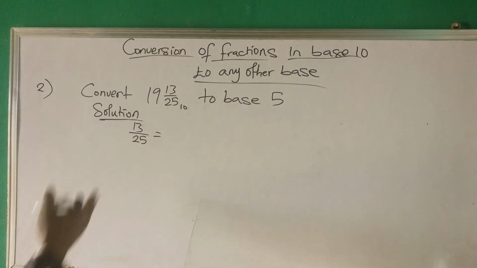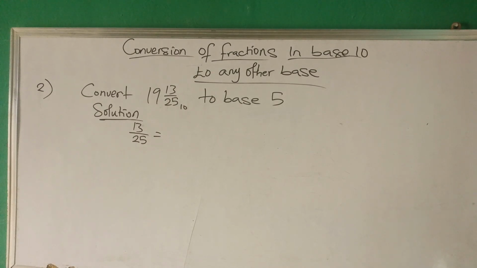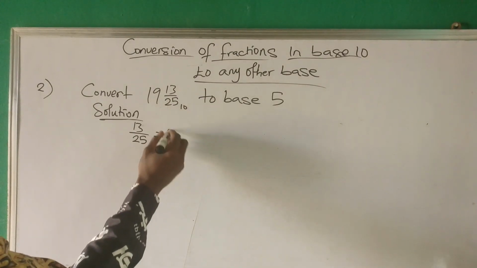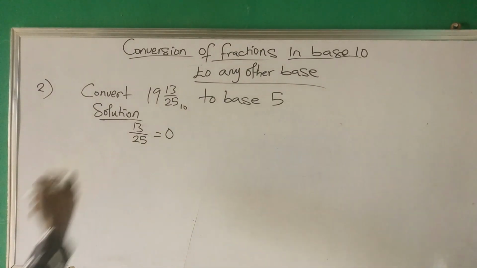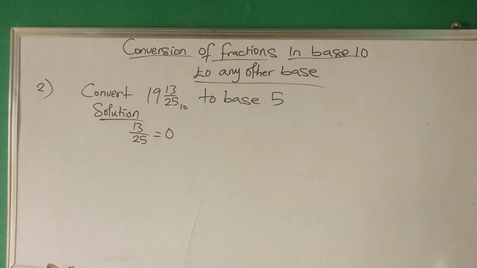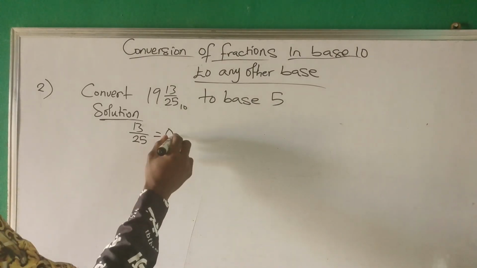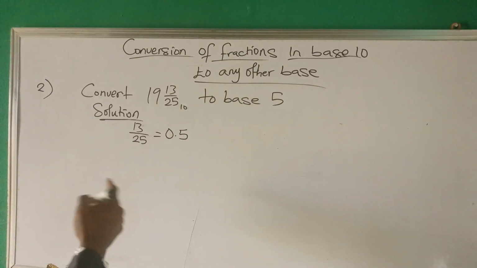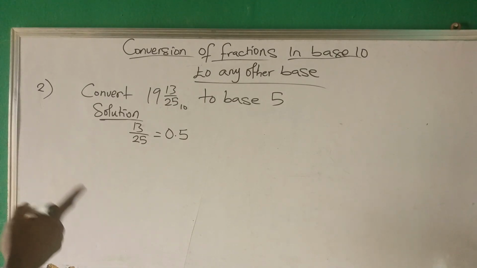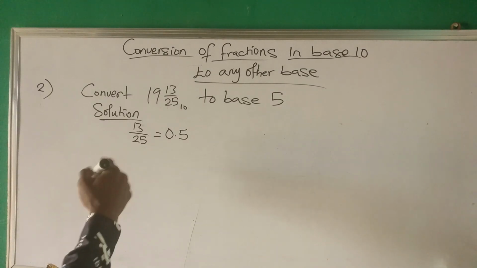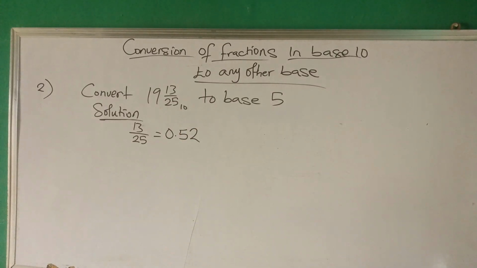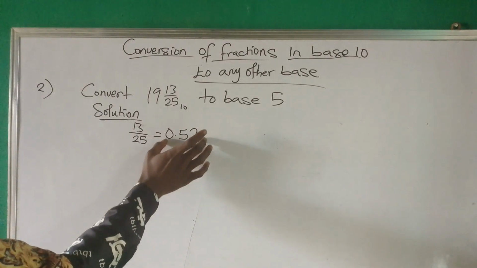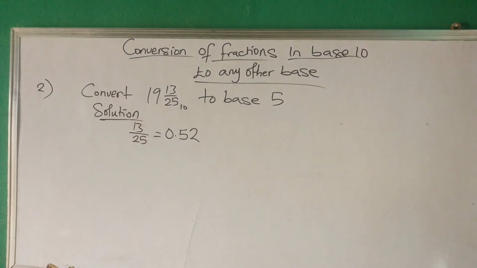If we do that, we say 13 divided by 25, that would be 0. Then we add 0 to the 13, we have 130 divided by 25, that is 5, remainder 5. So we add 0 to 5, 50 divided by 25 is 2. So this is the decimal form of this fraction.